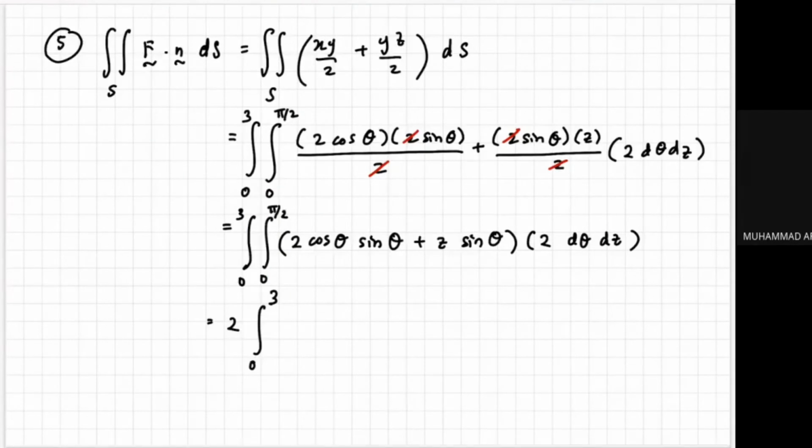When you integrate with respect to theta, just assume that z is a constant. How to integrate this? You can use integration by substitution. Let u be equal to sin theta, du is equal to cos theta d theta.